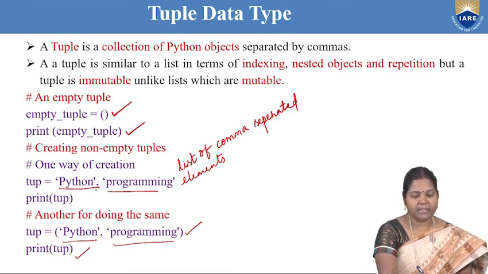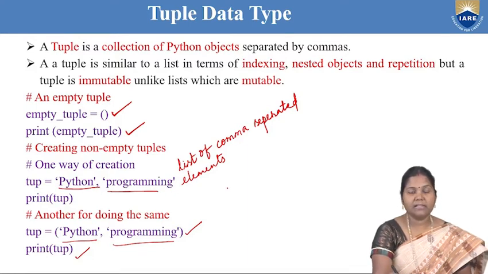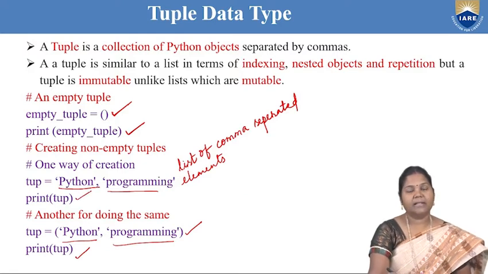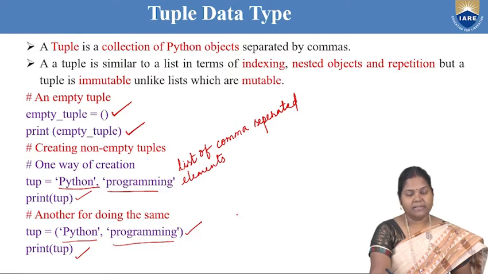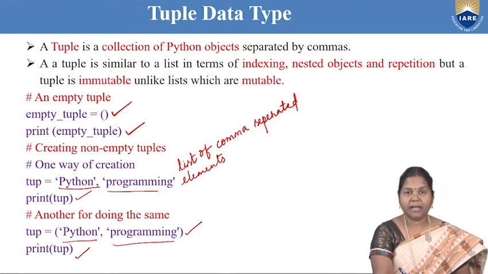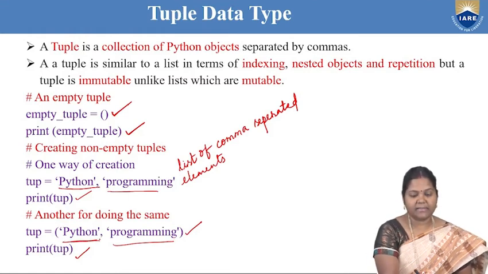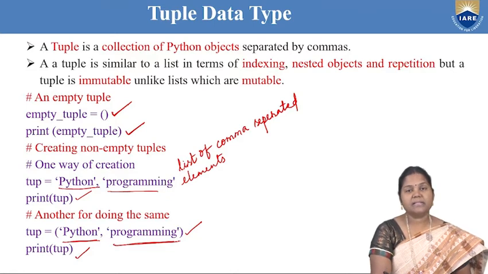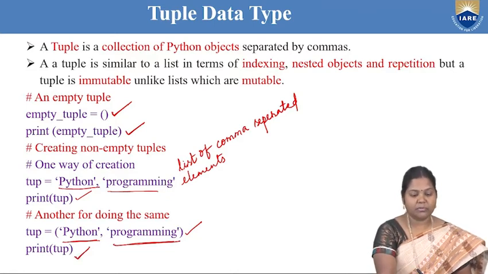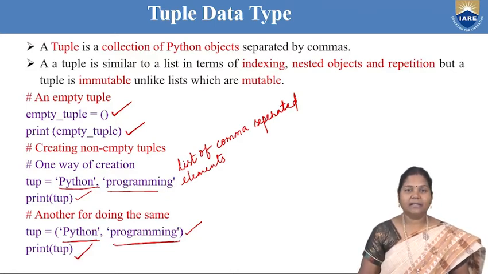You can see here, tuple equal to Python comma programming, a list of comma separated values, and if you print it, it will be treated as a tuple. Another way of doing it is within the parentheses, as the bracket for a tuple is the normal parenthesis. Inside this parenthesis you can write a list of elements, and if you print it, you will see that it is a tuple.